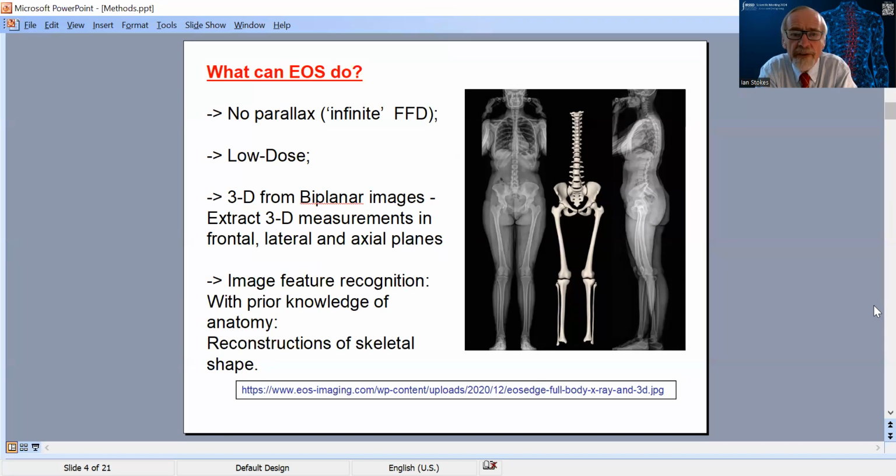Low dose, that's good. It uses biplanar images, and from those it's possible to extract three-dimensional measurements in three principal planes, and with image feature recognition combined with prior knowledge of anatomy is able to make reconstructions of skeletal shape.